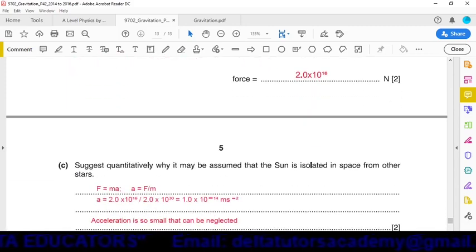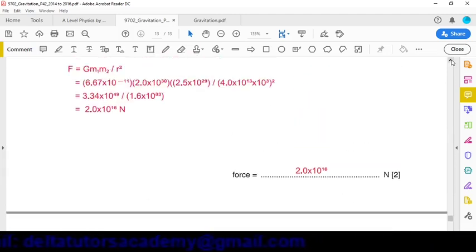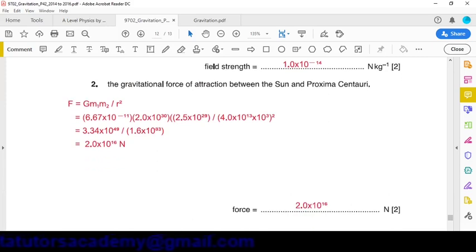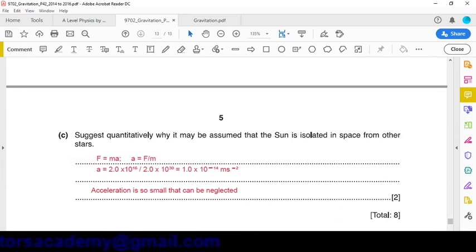Now next part: suggest quantitatively why it may be assumed that the Sun is isolated in space from other stars. The value of force we have calculated is 2 into 10 power 16. If the Sun is isolated, it means there is no force of any other star or planet on the Sun.